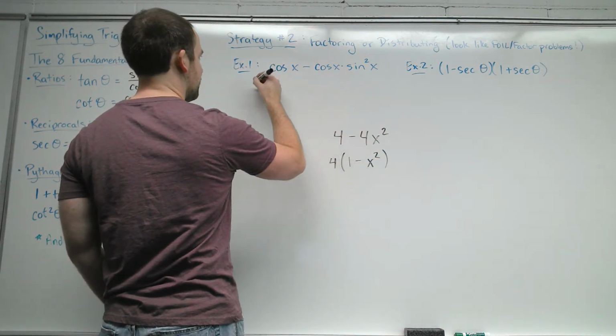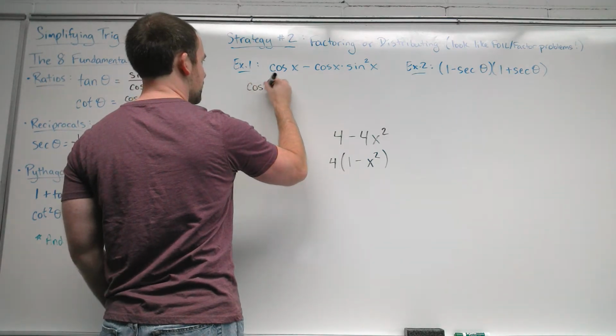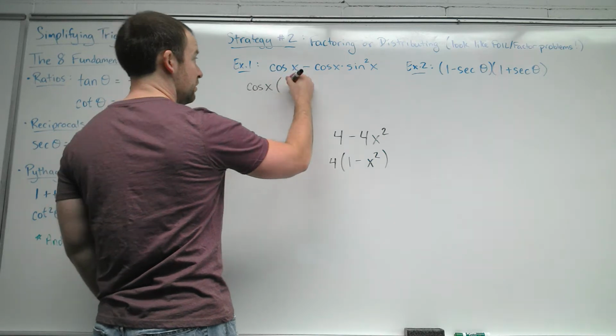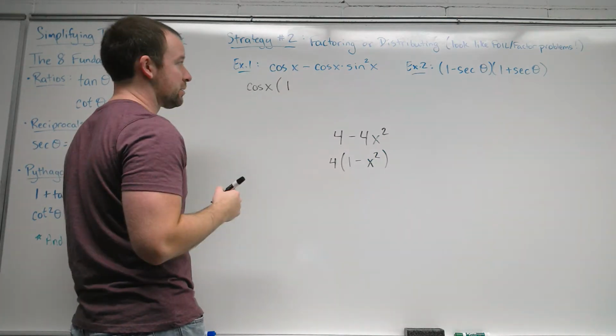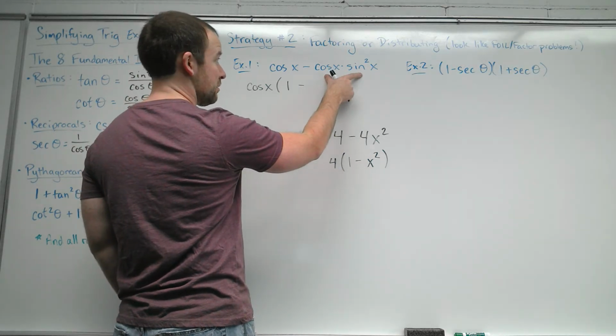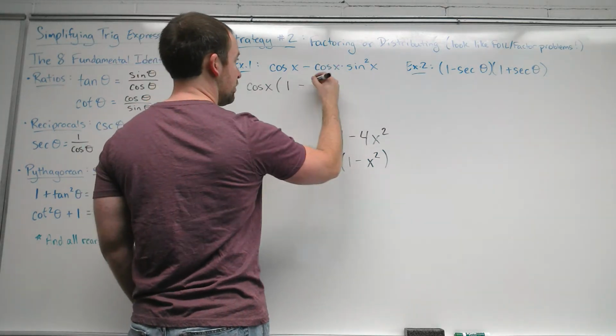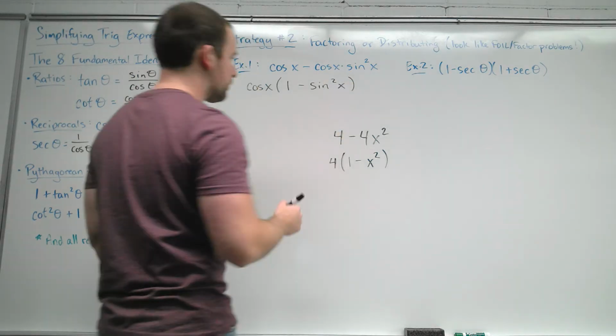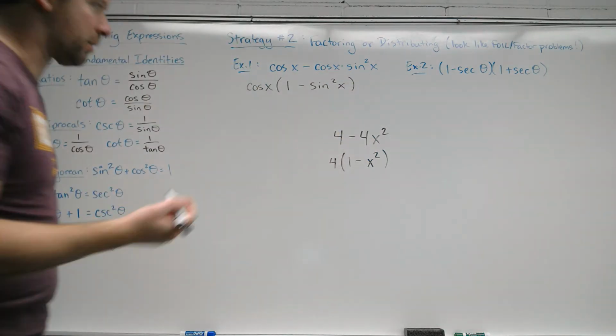So if I do that, I'm going to take a cosine out. If I take a cosine out of here, all that's left is the 1 that holds the place. If I take a cosine out of here, this cosine is going to be gone. I'm just going to have sine squared left. And just like a normal one, you can test it.